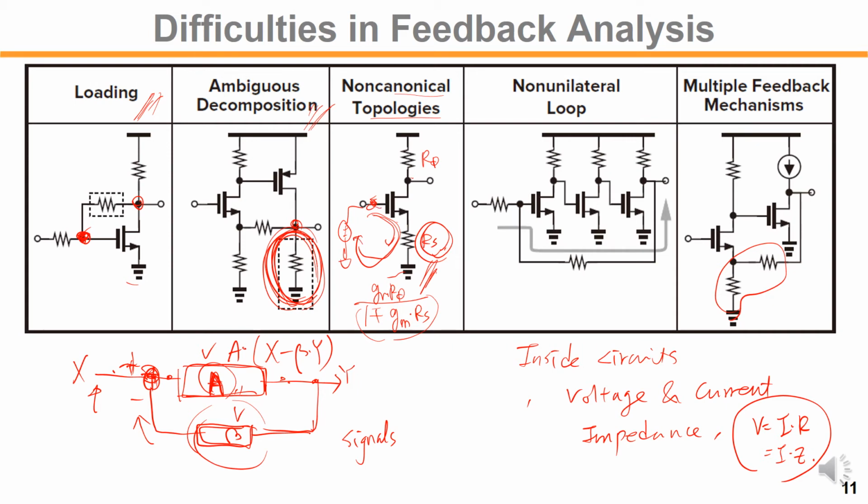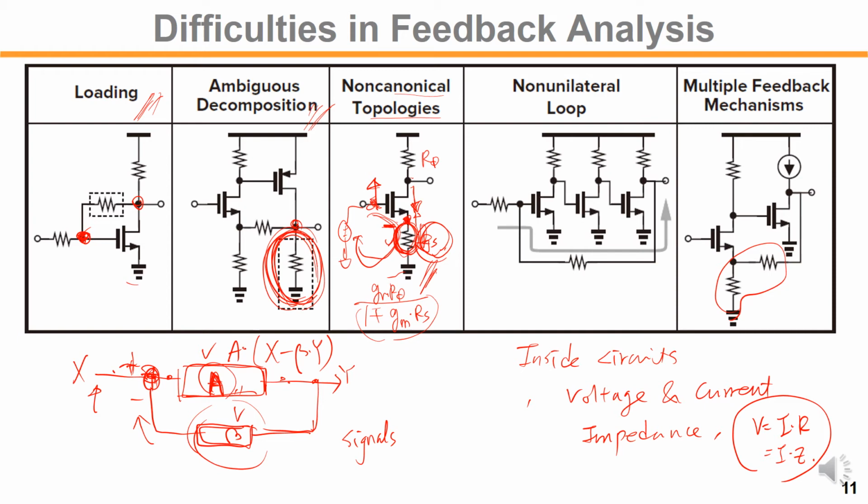If you remember, the output is the current between drain and source. For example, if the gate voltage goes up, the current tries to increase further, and if the source node goes up, the current through the RS goes up, right?